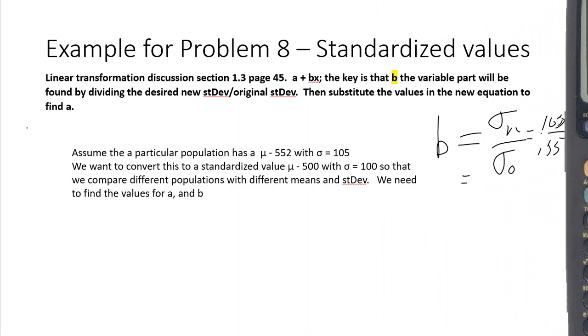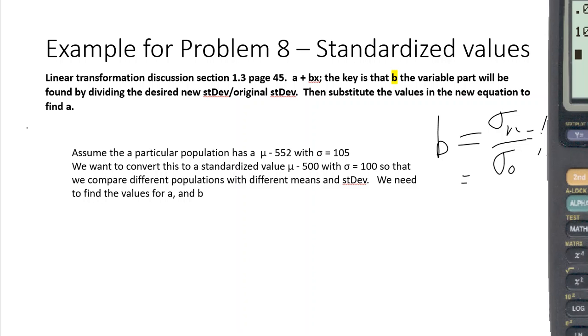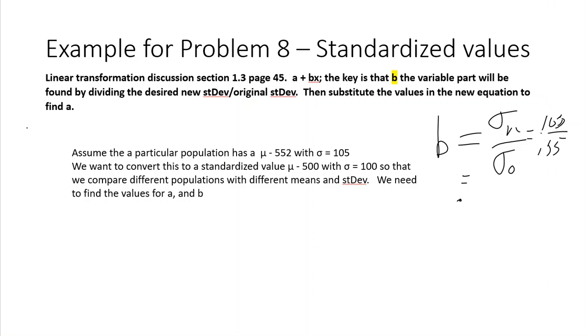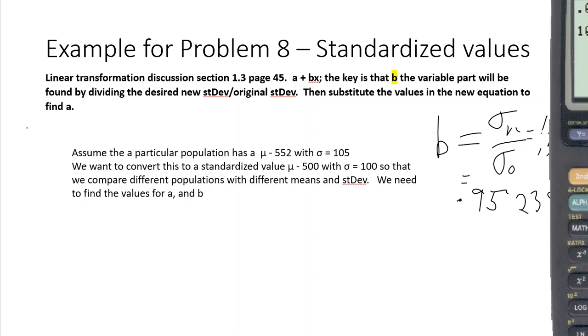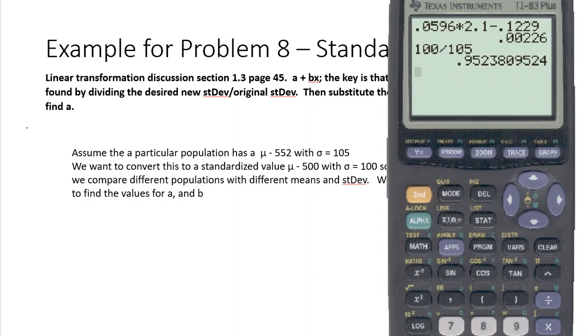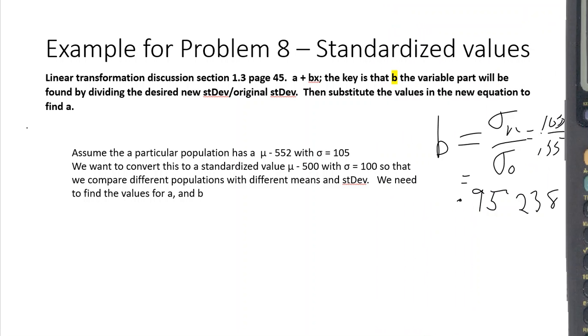So in order to do that last part, once you get B, I want you to use a value that is more like 0.952381 in your calculator, or just leave your calculator as it is and keep that number to work with.